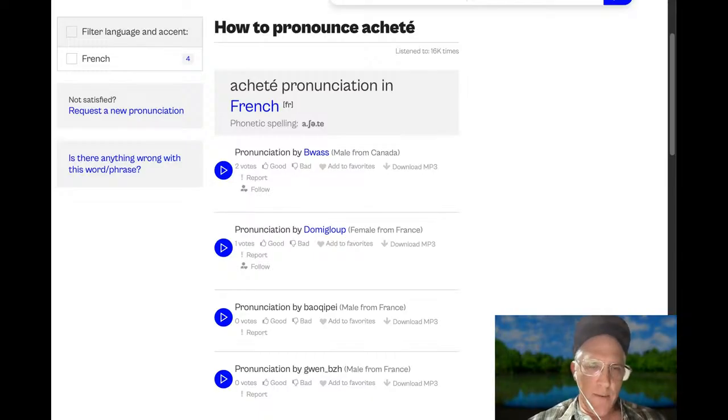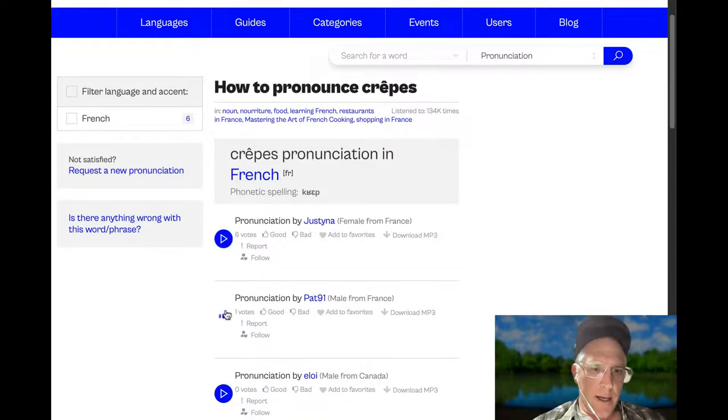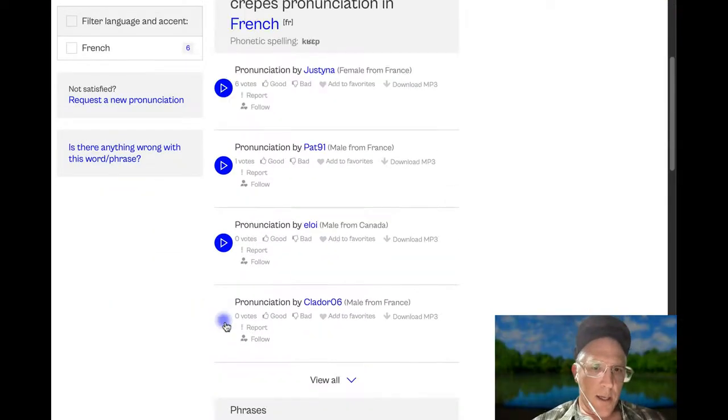So that's one sound, and it's like the Canadian A. So the Canadian A is going to be underlined. The next one is this word crêpe. Crêpe. You see? Crêpe. So the sound is a circle.